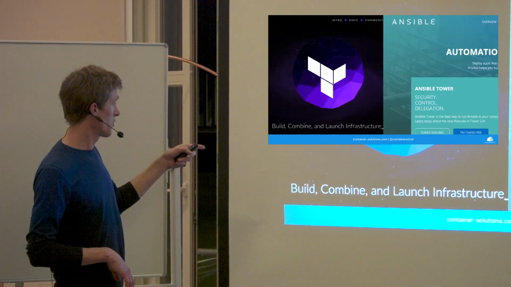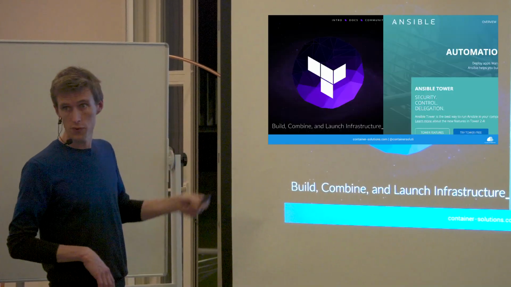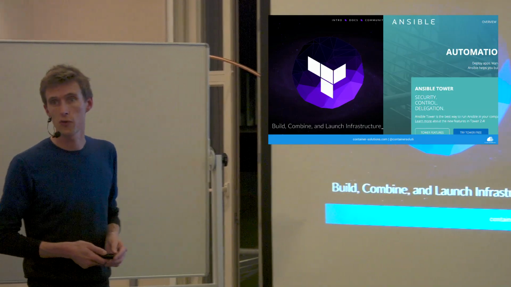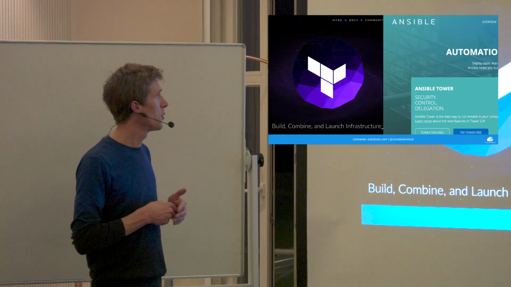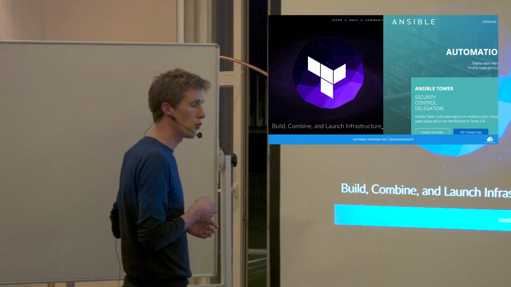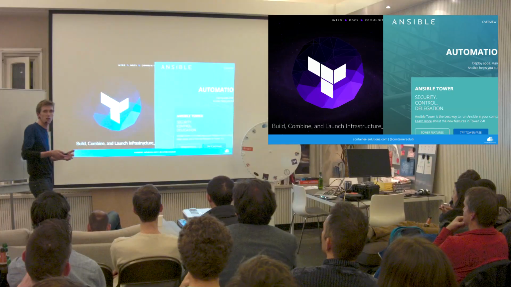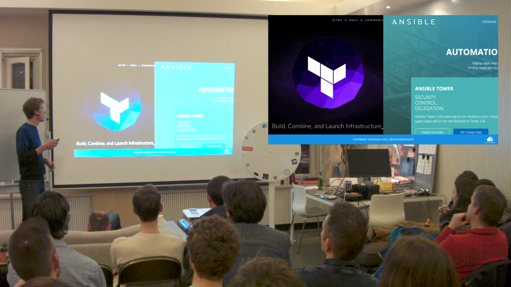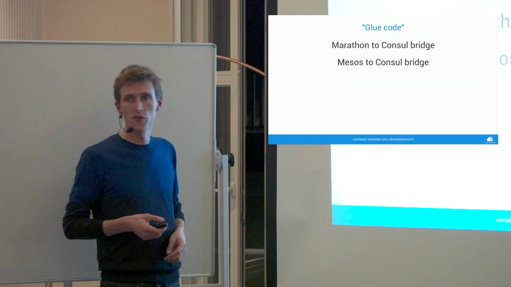From the bottom, we have Terraform that provisions servers. So it's a bunch of Terraform providers and scripts. There's a huge amount of Ansible roles, and with that it sets up the infrastructure, right? Besides that, there's a bunch of glue code.